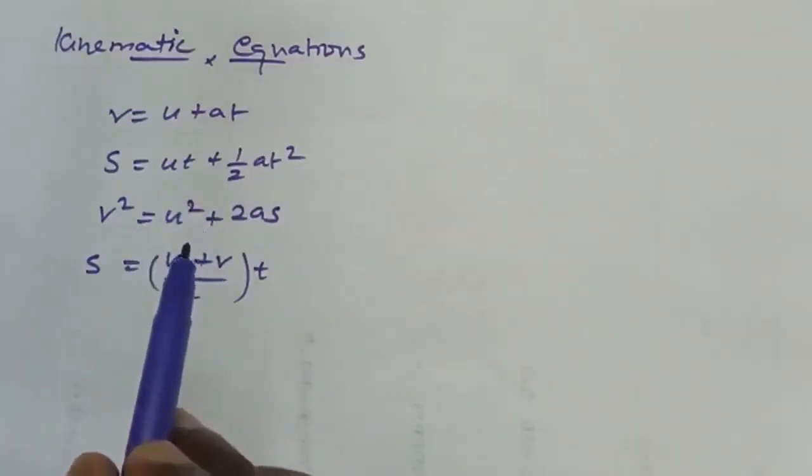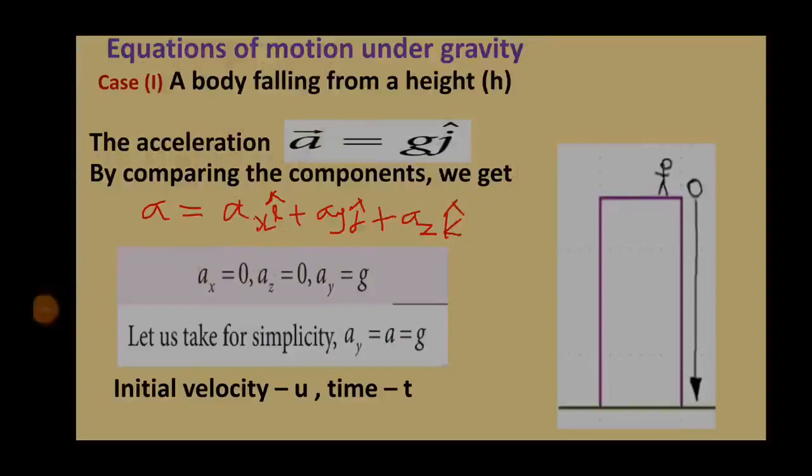Note it down. And next topic, kinematic equations of motion under gravity. So students, already you know that the four kinematic equations can be used for practical applications. Now here is a practical example of straight line motion with a constant acceleration: the motion of an object near the surface of the earth.